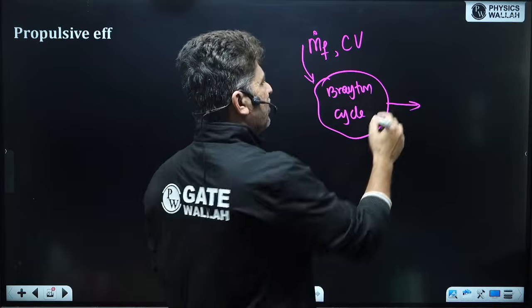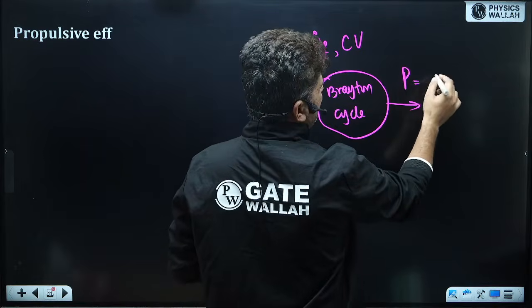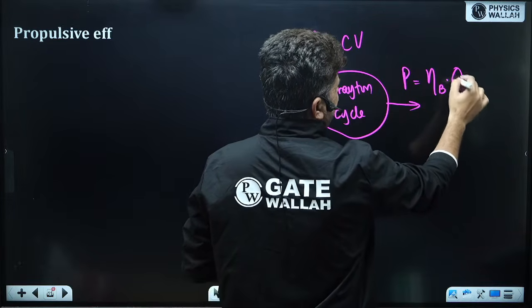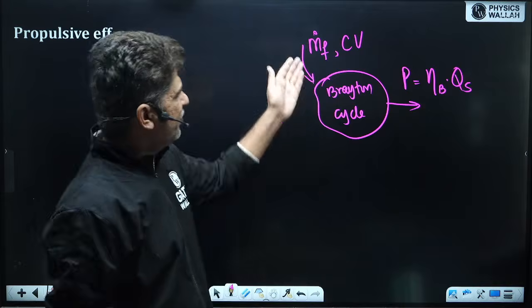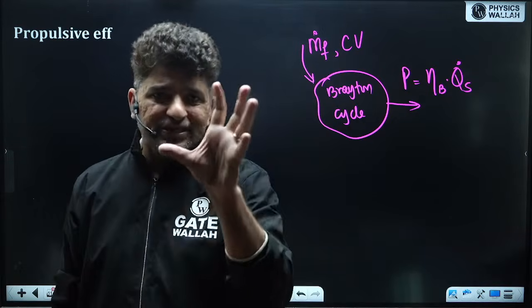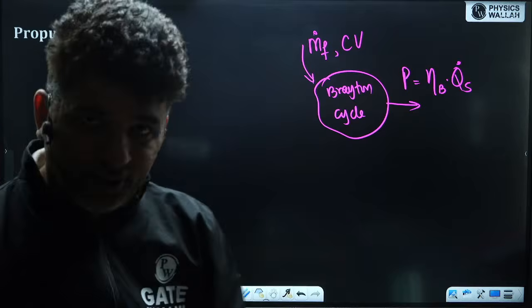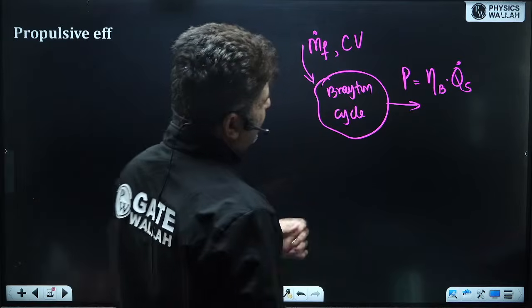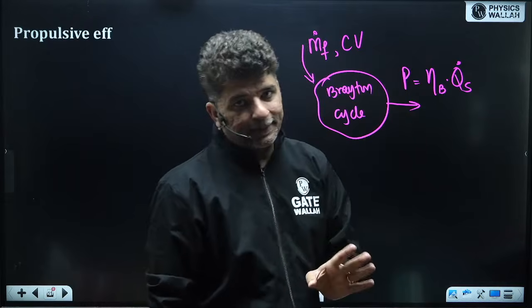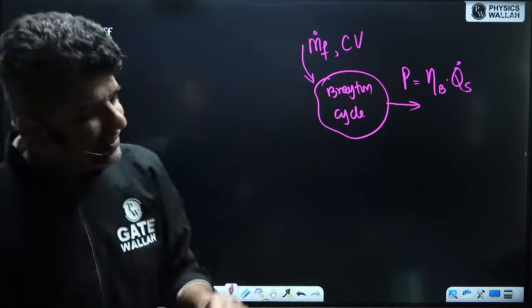Power would be equal to efficiency of Brayton multiplied by the heat supplied. Heat supplied would be equal to mass flow rate into CV. So the power which is coming out will already be accounting for certain losses happening over here. Now certain power is developed.